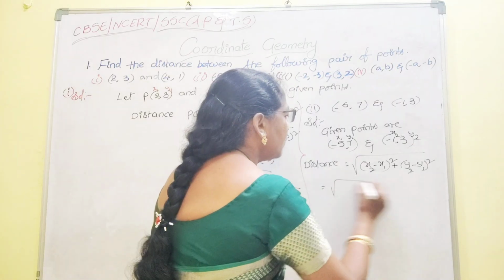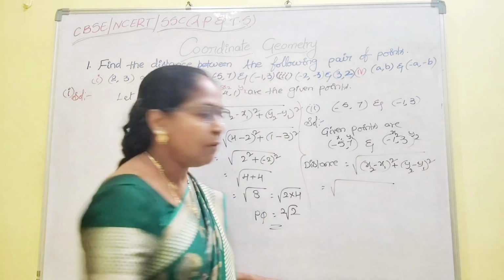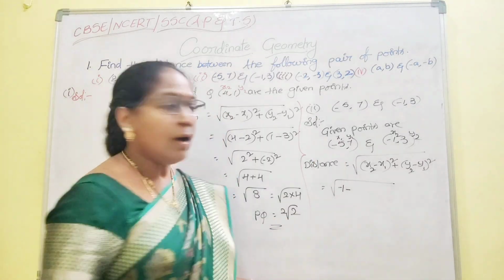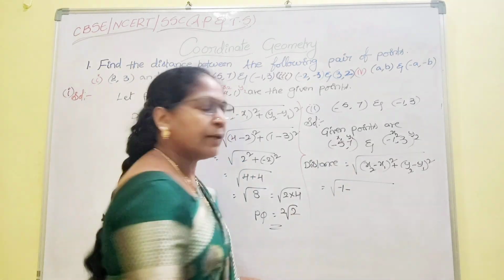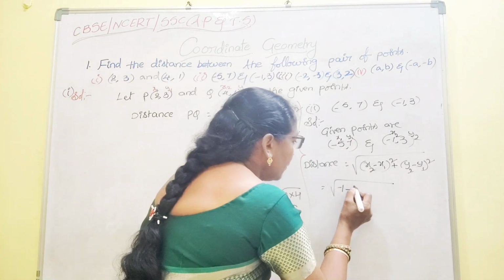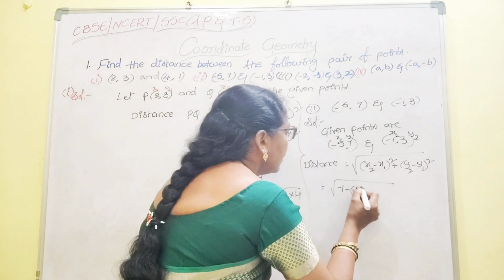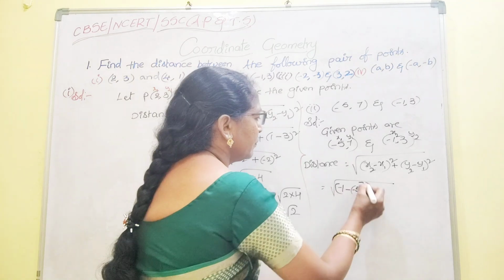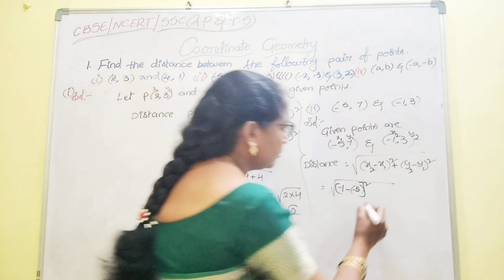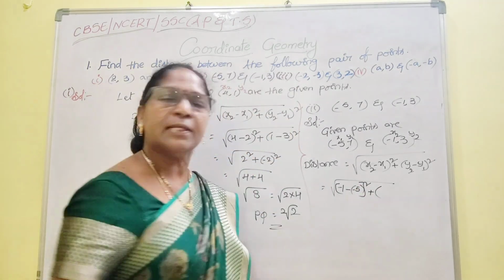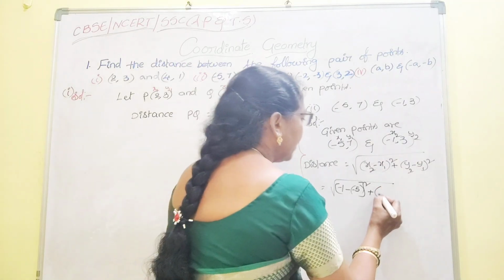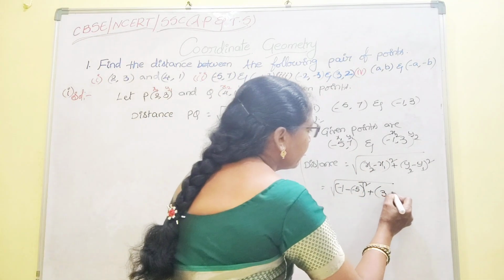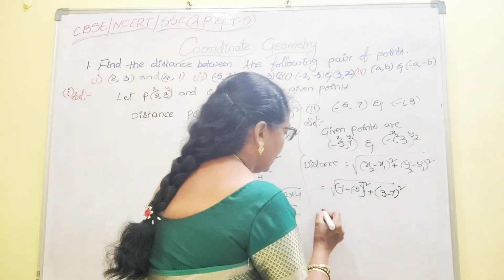So here square root of, where x2 equals minus 1, minus x1 equals minus 5. This value is x1, that equals minus 5, so write in bracket. So (minus 1 minus of minus 5), keep in bracket whole square, plus (y2 minus y1) whole square, where y2 equals 3 minus y1 equals 7.